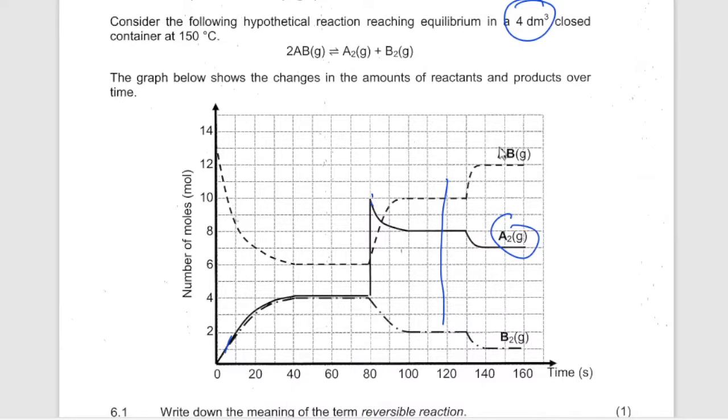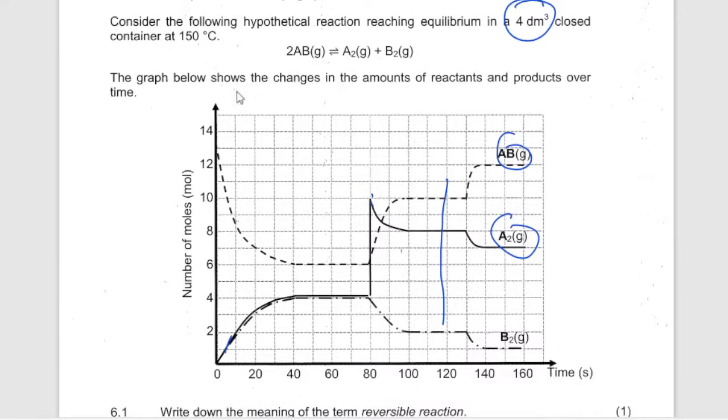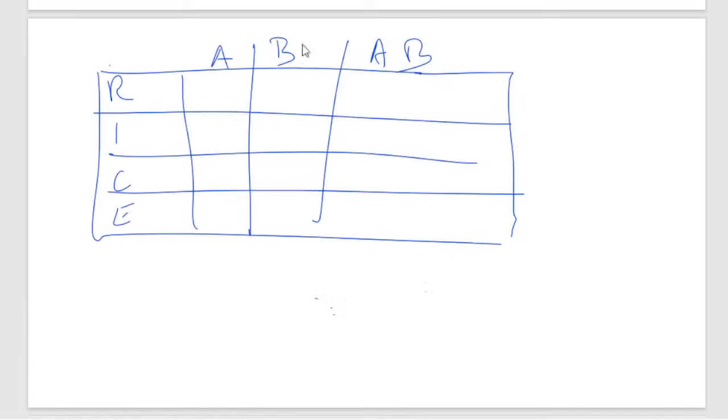So this is a product now, and the one which was a product became a reactant. So A and B are reactants. That's why I put them on the side. Based on the molar ratio, this is 2, and these are 1 and 1.